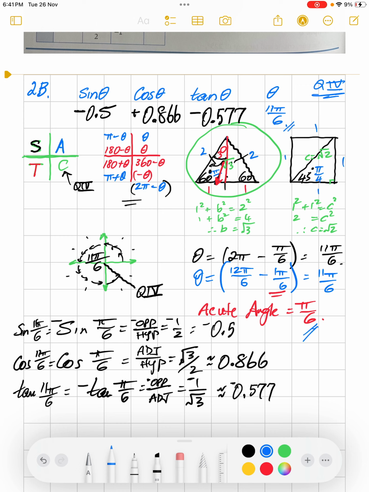That's why you've got to know how to get your acute angle, because pi over 6 is 30 degrees. And in the triangle, sine is opposite over hypotenuse, 1 over 2. Cos is adjacent over hypotenuse, root 3 over 2. And tan is opposite over adjacent, 1 over root 3. And that's how you get your values.